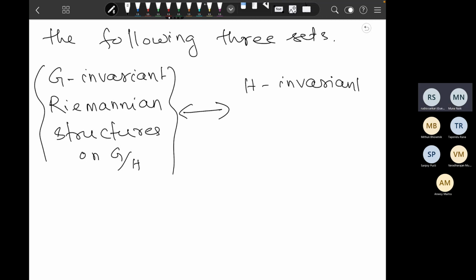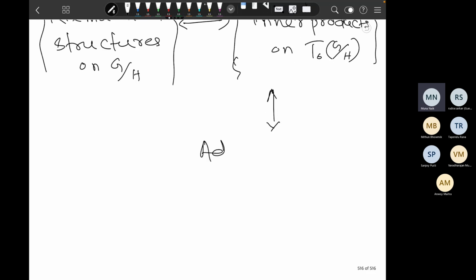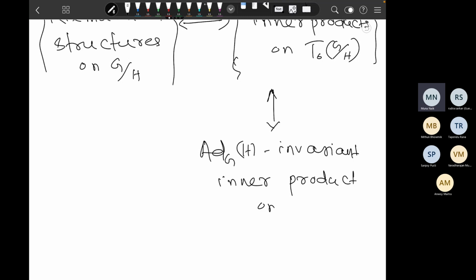H-invariant inner products on T_o G/H, and this is really Ad(H)-invariant inner products on this.